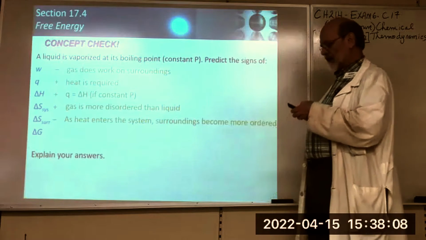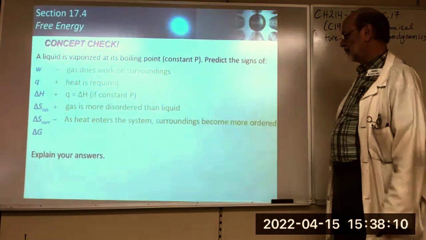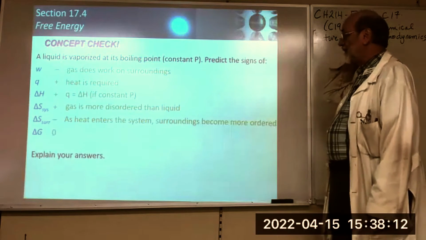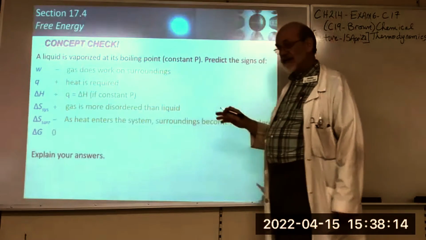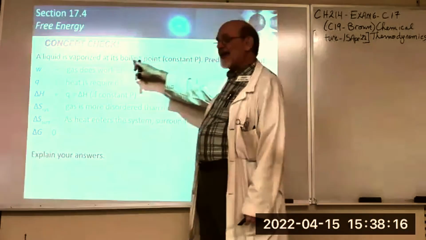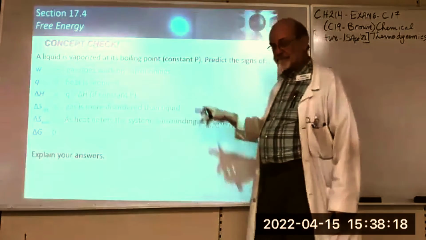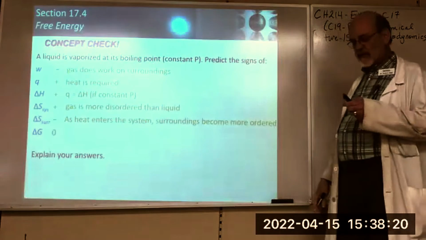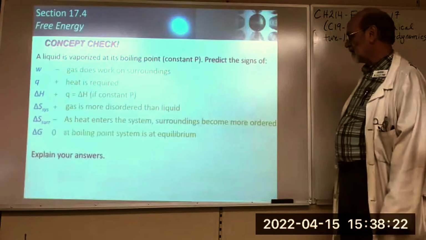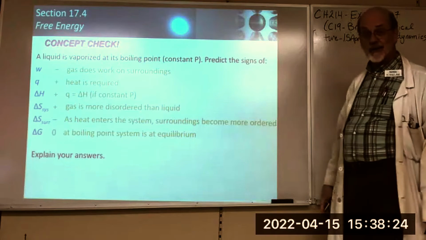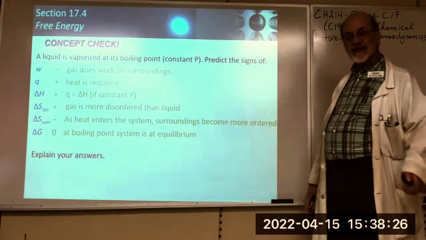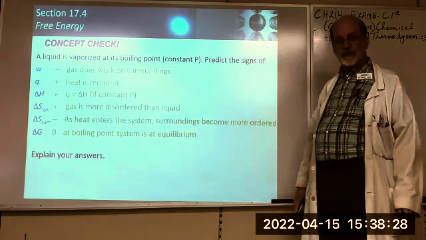So what is delta G? We're at the boiling point. Delta G is 0. How do we know that? Because it's at equilibrium. Any system at equilibrium has no free energy to offer.